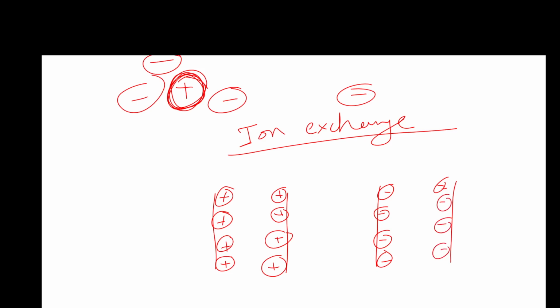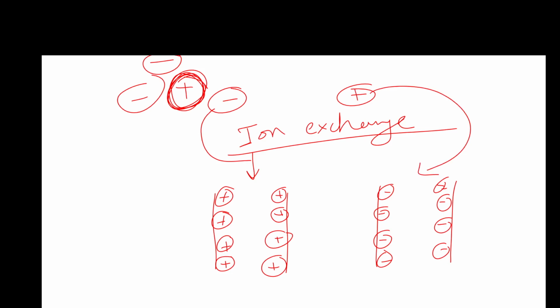So these are the two types of column matrix. The positively charged matrix you use to purify the negatively charged protein, and the negatively charged matrix you use to purify the positively charged proteins.